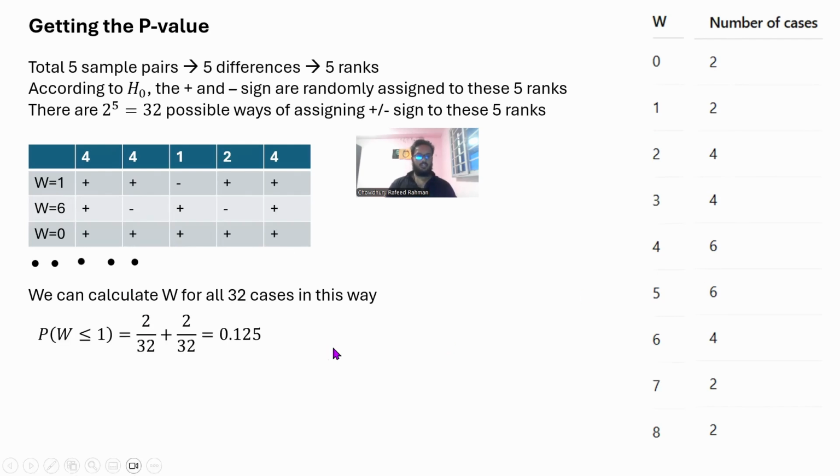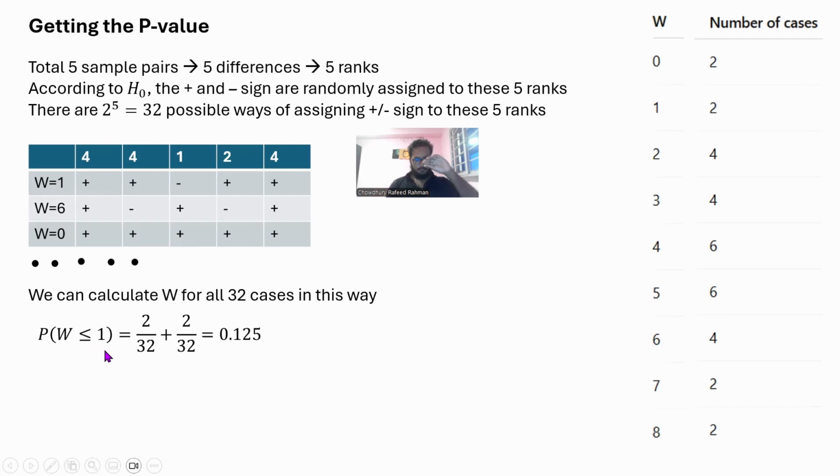So the question is, what is the probability of W less than or equal to 1? Why are we talking about W less than or equal to 1? Because in the previous slide we saw that W was equal to 1 in our calculation. So we just want to know the probability of getting something as extreme as W equal to 1 or even more extreme.